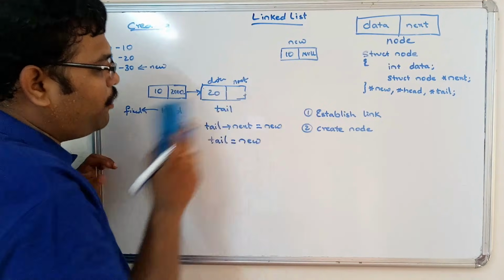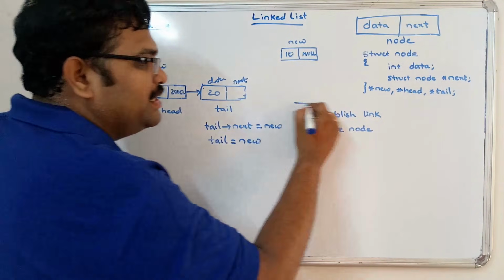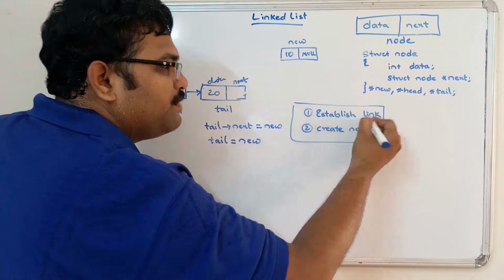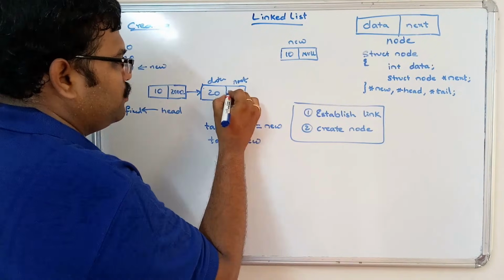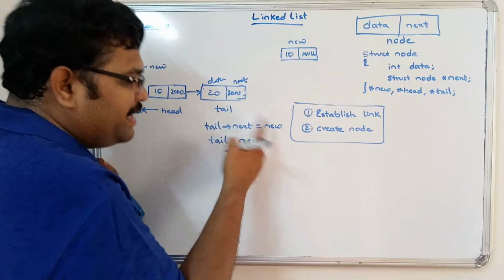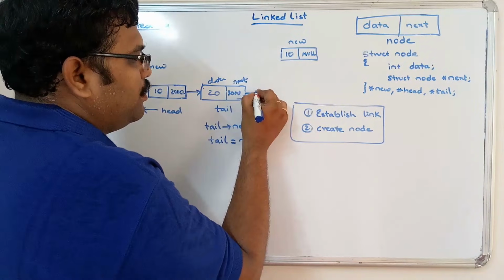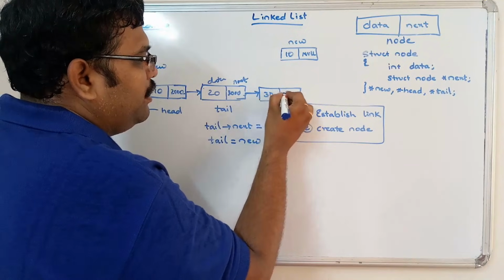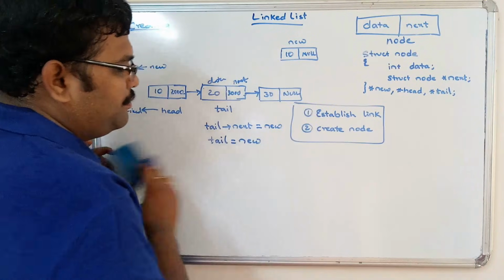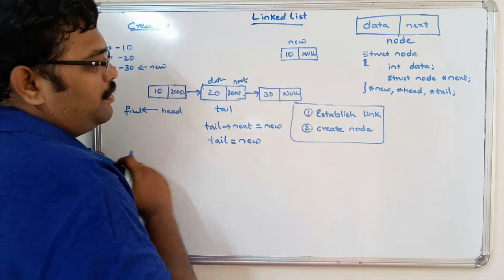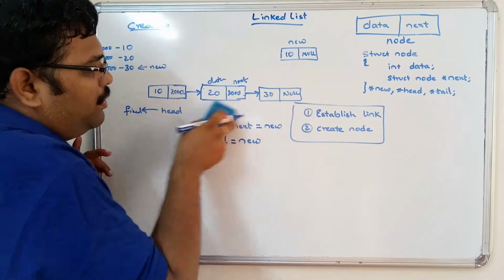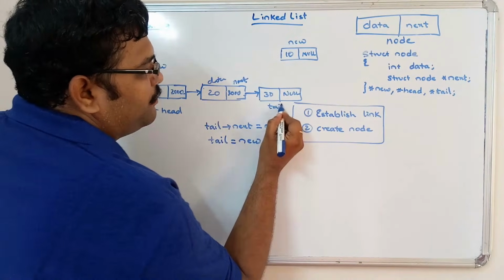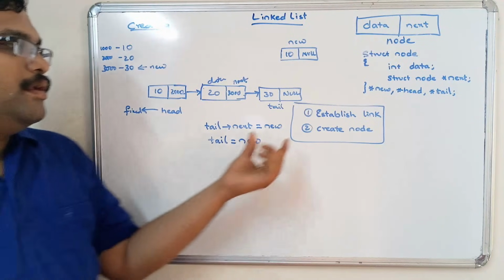So this is very important. We have to follow this thing. This is the most important. First establish the link. So 3000 and then tail is equal to new. Assign 30 null, right? So tail will be assigned here itself, right?